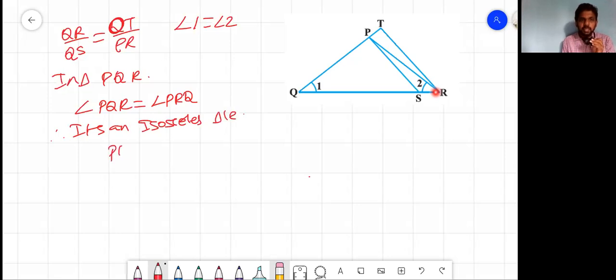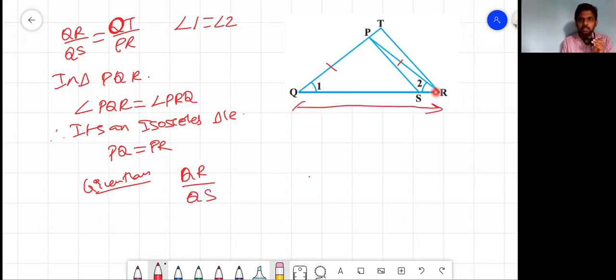Therefore, can I say that PQ is equal to PR? So this side and this side are equal, right? So we have given that QR divided by QS. Where is QR here?